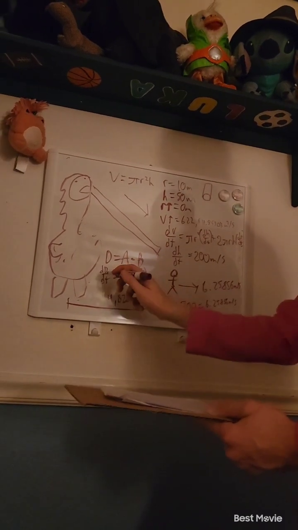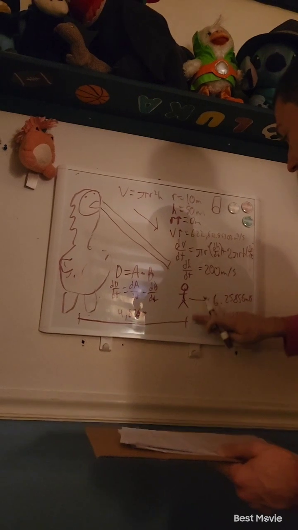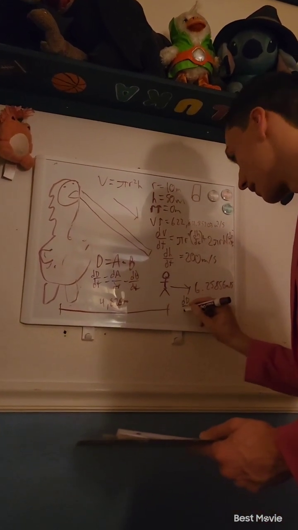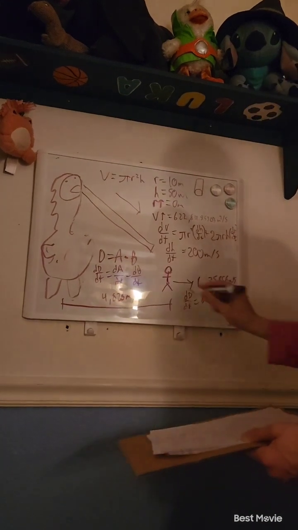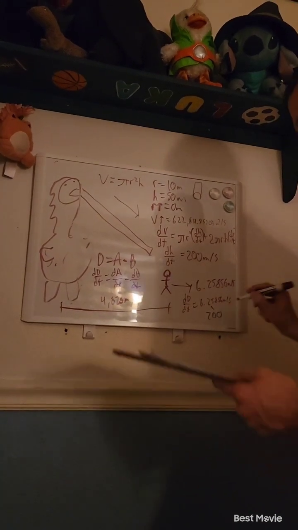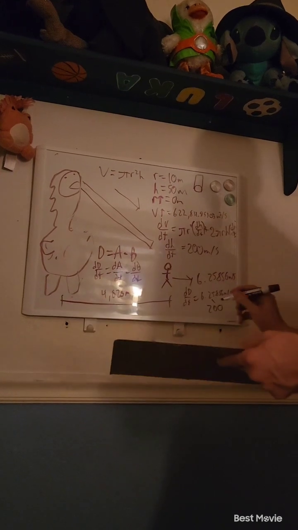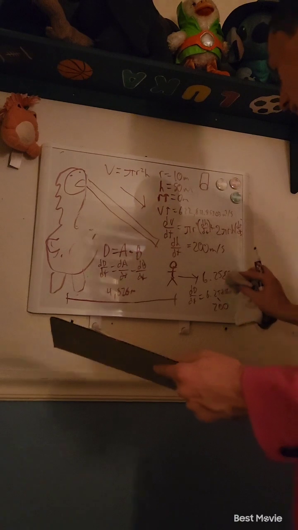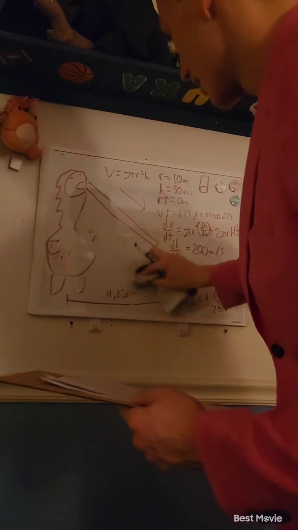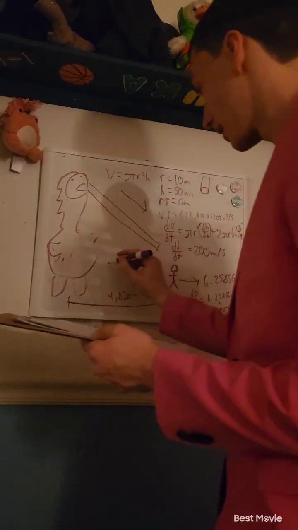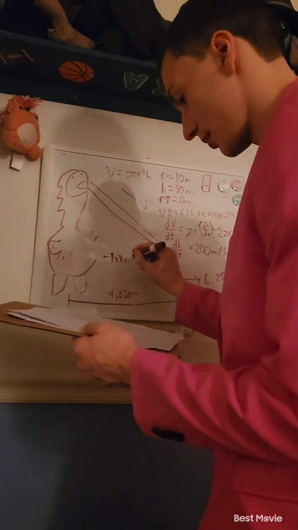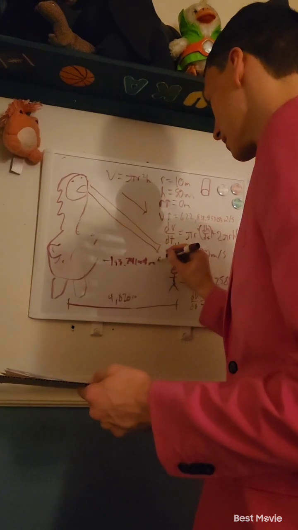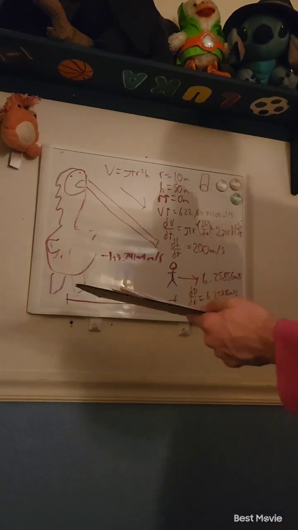Oh, I'm sorry, I put the wrong one. We're trying to find how quickly the distance is changing. So it's like this. And we want to subtract the 200 to find that the distance is changing between us at negative 193.74144 meters per second.